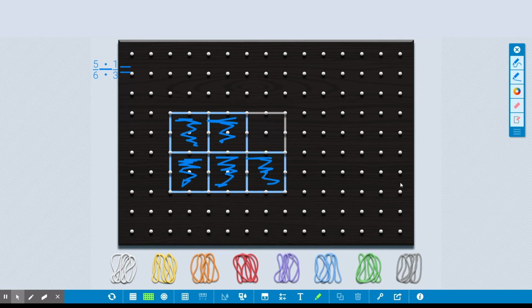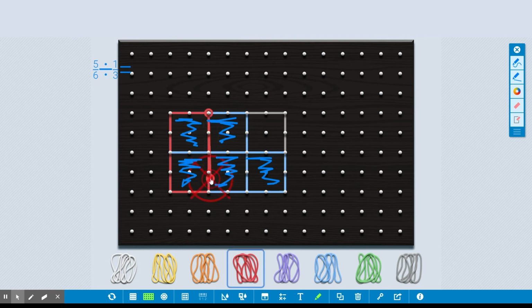All right, so remember, I'm looking for how many 1/3 pieces I can make with 5/6. So my next step is to build 1/3 throughout my whole. So here's my first third. And I can see 2/6 fill in that third.